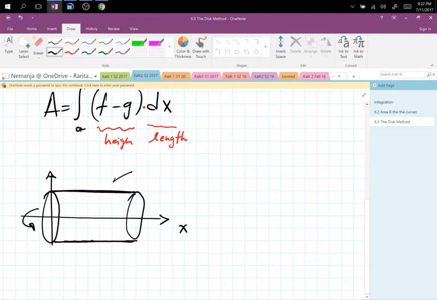We know that this function here, f of x, is equal to, let's say, 2, because I went 2 units up. So if I rotate 2 on 0 to 7 or whatever it is, I'm getting this shape. I'm getting this object, right?